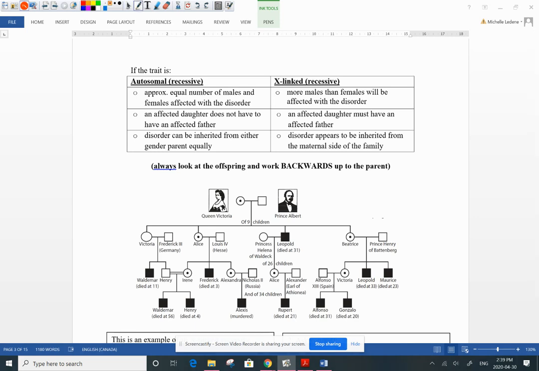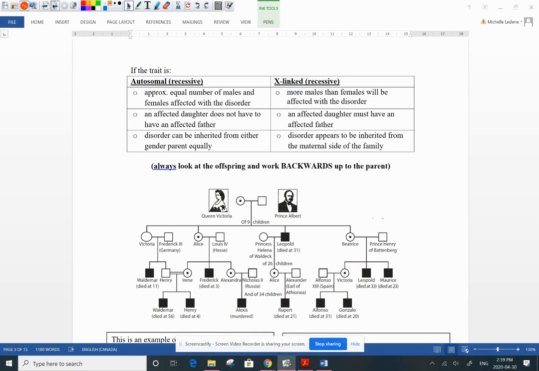Okay, so next I'm going to talk about how do I know if a trait is autosomal or if a trait is going to be X-linked. So in this, you may have a recessive autosomal or a dominant autosomal, recessive X-linked or dominant X-linked. But the key to these ones is to look at the ratio of males and females in a particular pedigree.